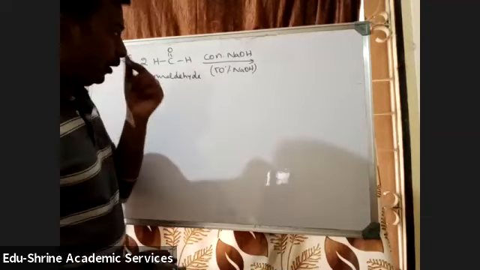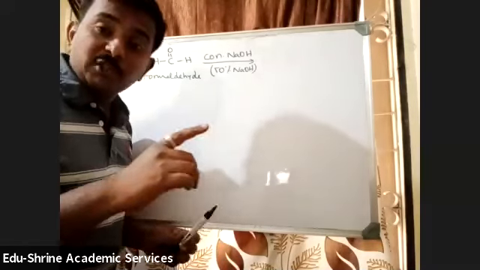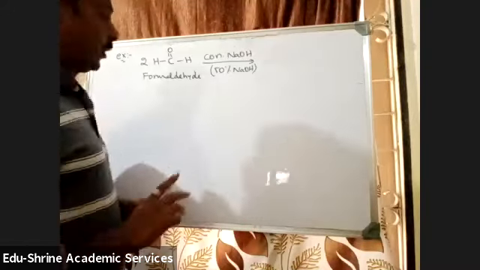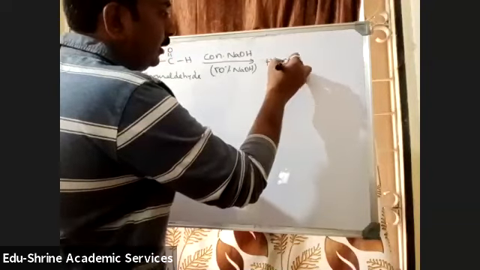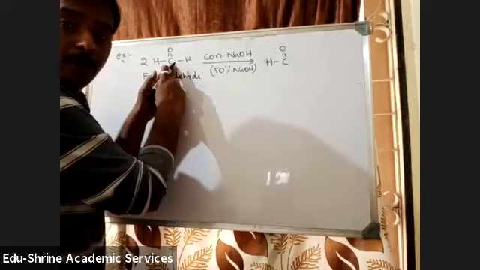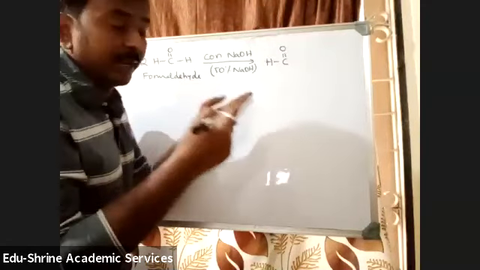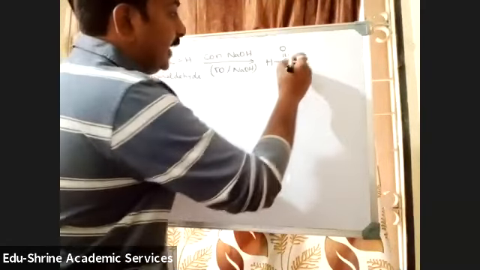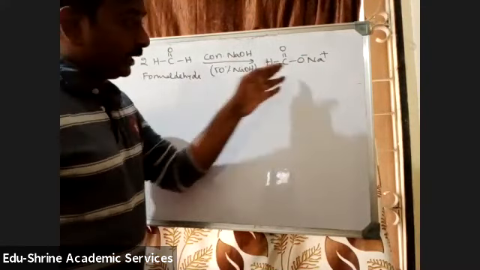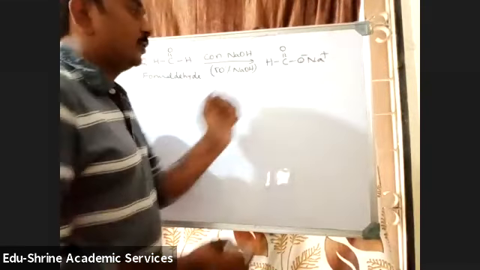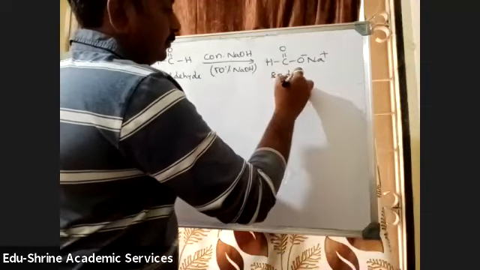Okay. Now what must be the product, students? One must be oxidized product, one must be reduced product. So out of the 2 aldehydes, one will be undergoing oxidation. So it is a compound containing 1 carbon atom. So we get the salt of 1 carbon atom containing acid, that is formic acid. HCOOH is formic acid. So this will be sodium formate.